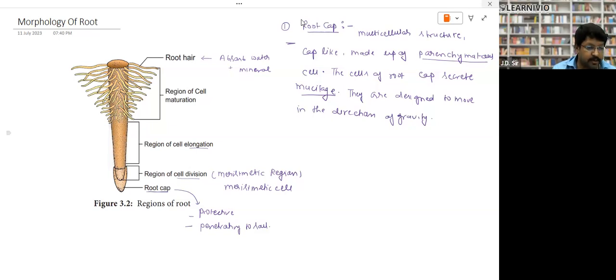And then the second one is the meristematic zone or region of cell division.